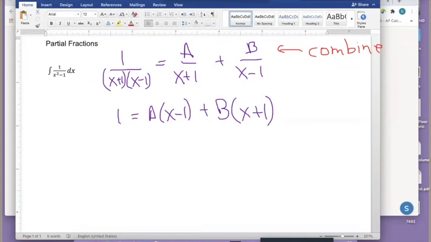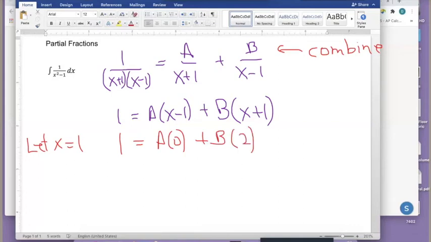Okay, now we're going to do a little what-if game in order to find out the values of A and B. How about this? Let x equal 1. In this equation, when x equals 1, we've got 1 equals A times 0 plus B times 1 plus 1, which is 2. So we've determined that B equals 1/2.